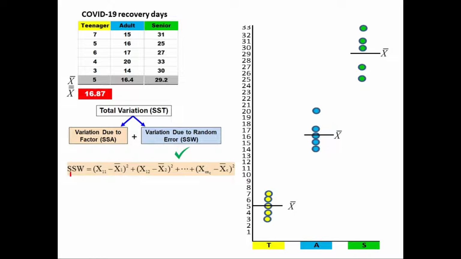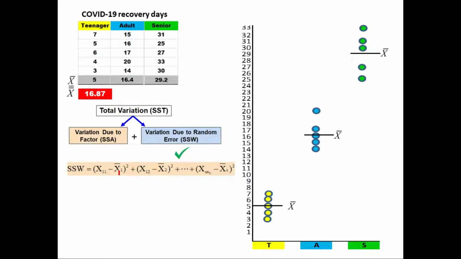This is the formula for sum of squares within, meaning variation within a group.